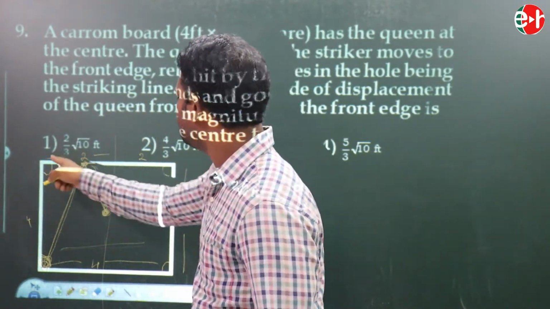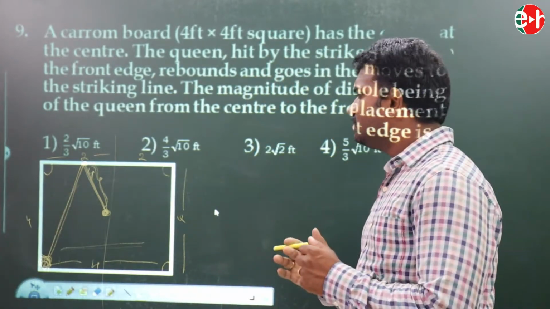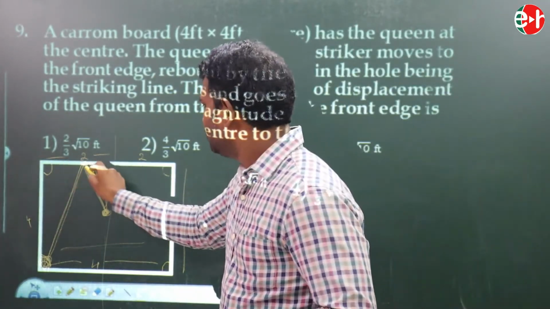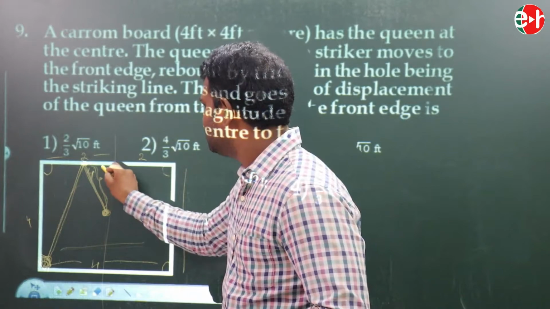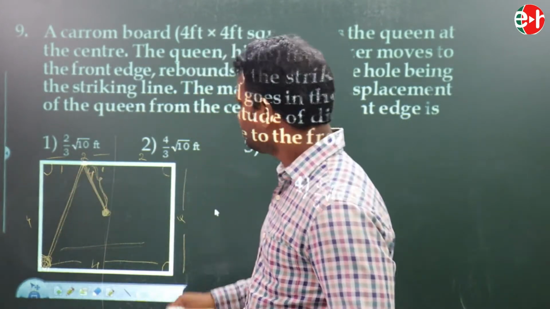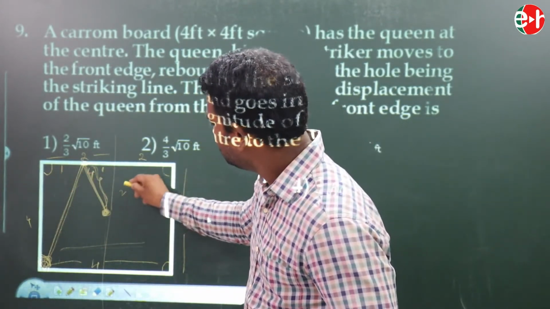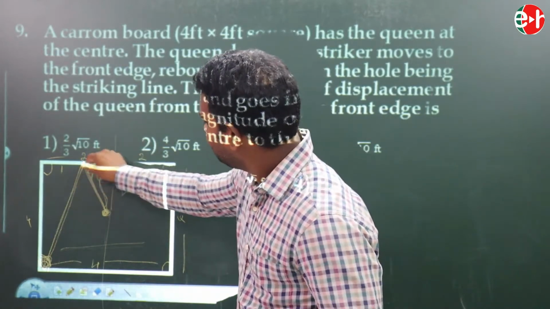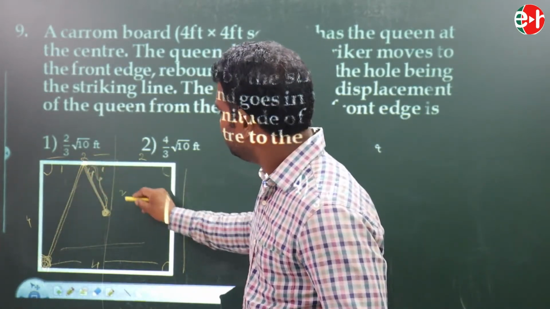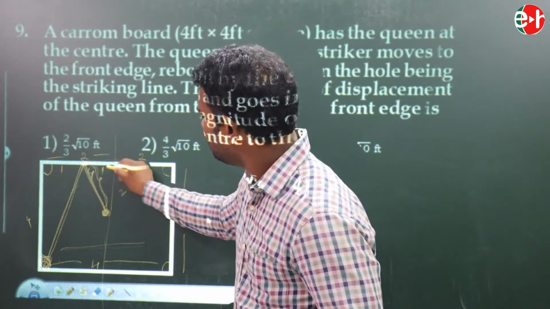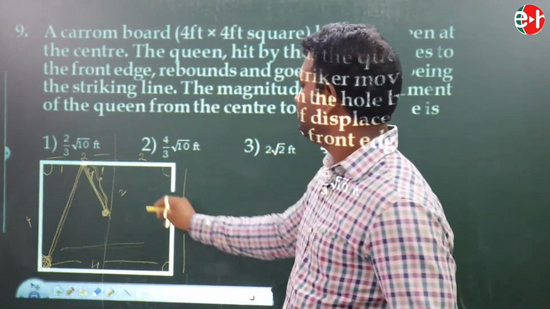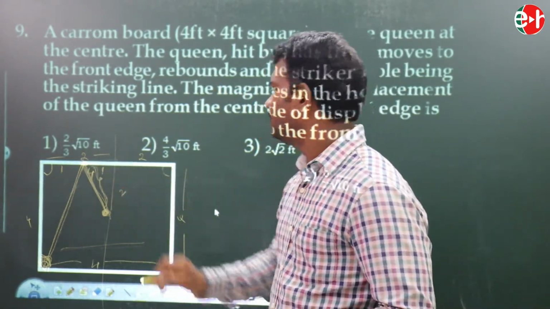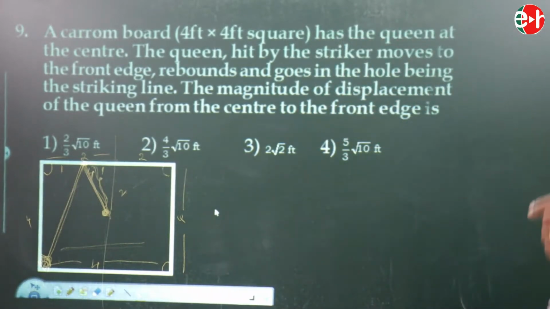This is 2 feet and this is 2 feet. Generally, students make the mistake that if this is 2, they feel that this is the center point and this is 1, this is 1. This is 2. So, it's like a right angle triangle. They feel that this is 2, this is 1. So, they find the hypotenuse by doing root over 2 square plus 1 square. That is the mistake. Why?